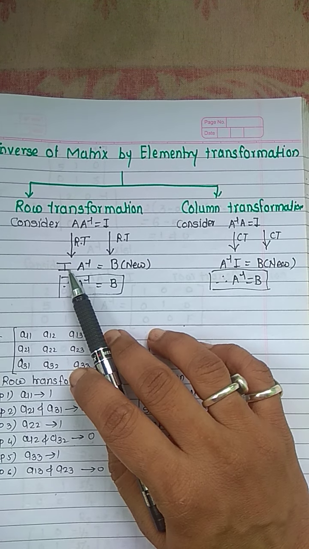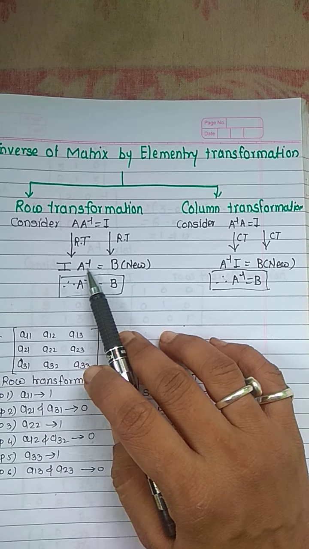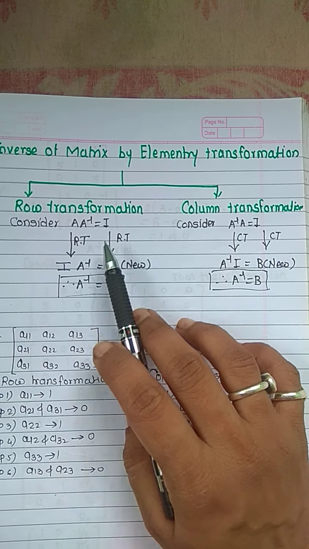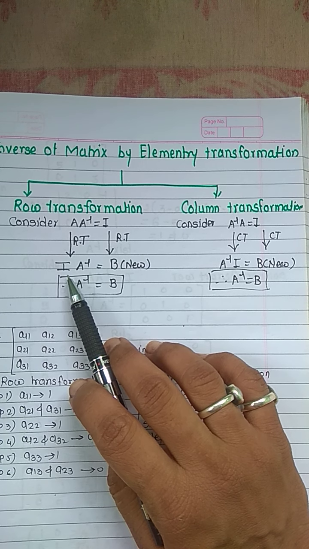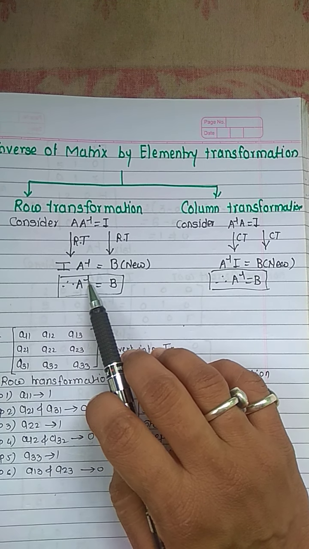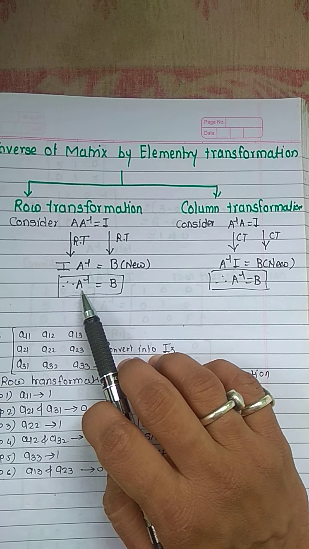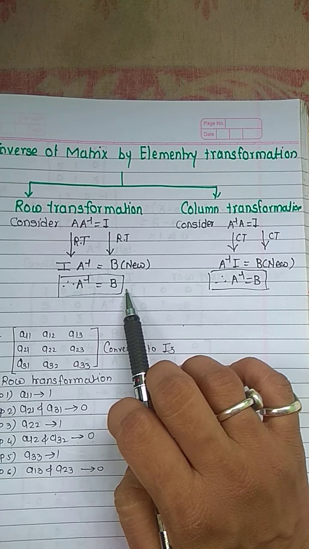A converts to the I matrix, A inverse remains the same, and this I matrix converts into a new matrix. Therefore, by the properties of the identity matrix, we write A inverse equal to B. Therefore, we get the A inverse matrix.